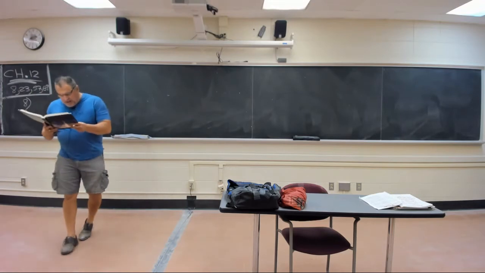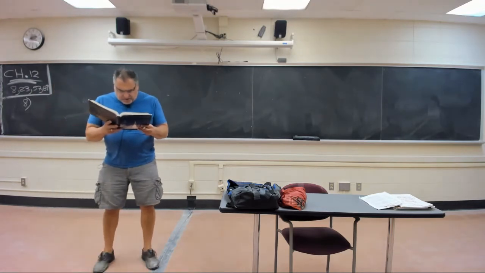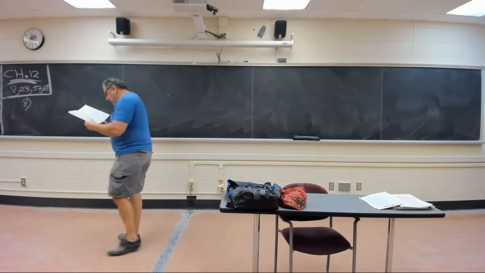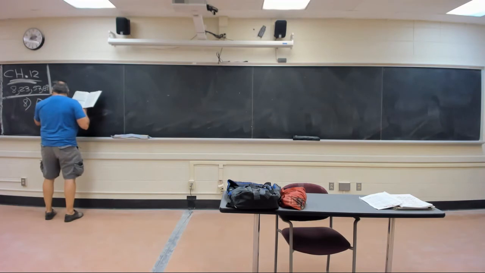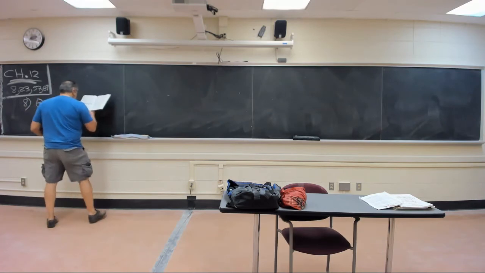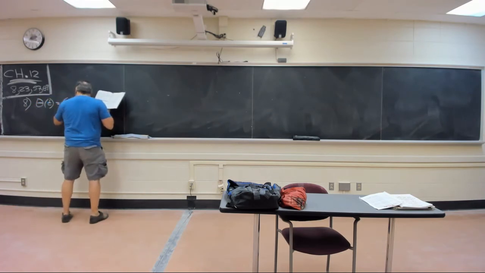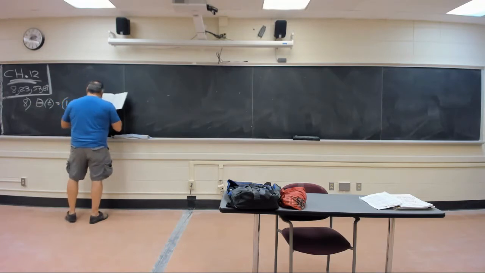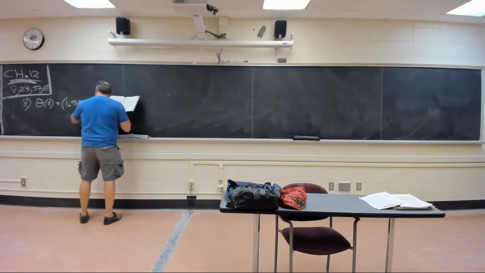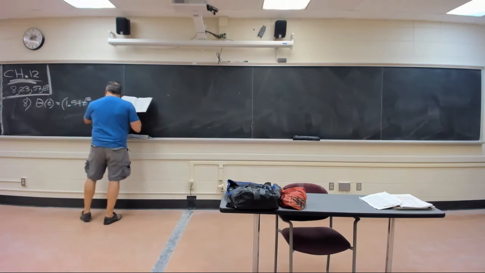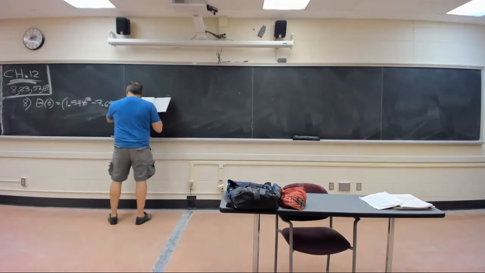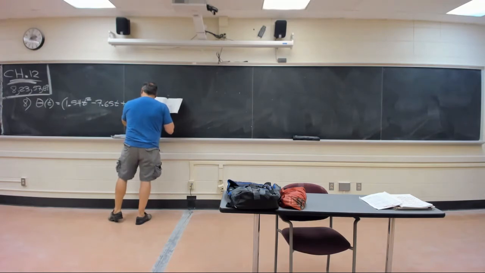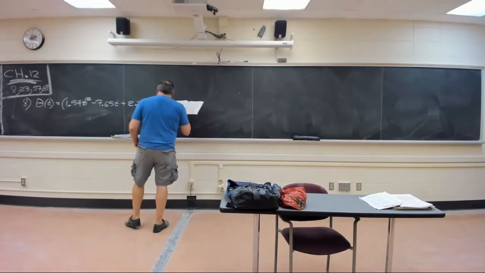For problem number 8, a rotating object's angular position is given by this, and it's going to be in radians. It's a function of t, so it's called theta of t in this case: 1.54 t squared minus 7.65 t plus 2.75.